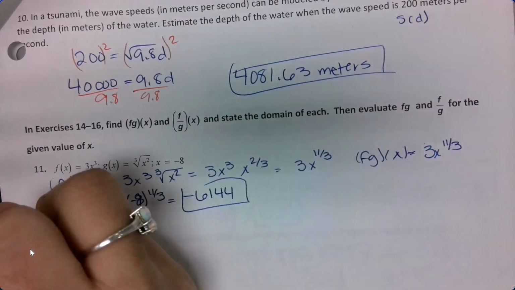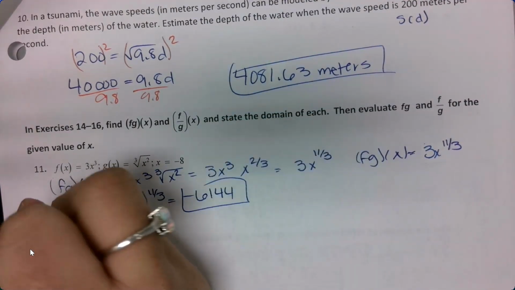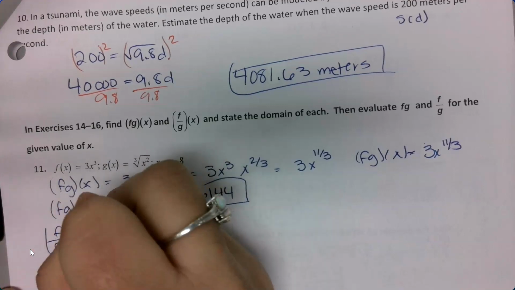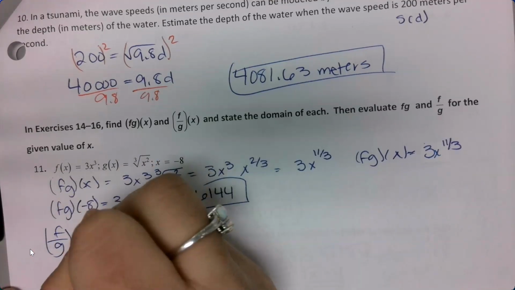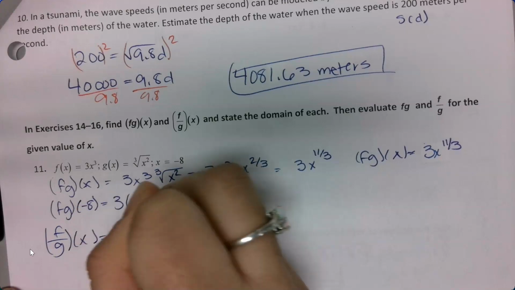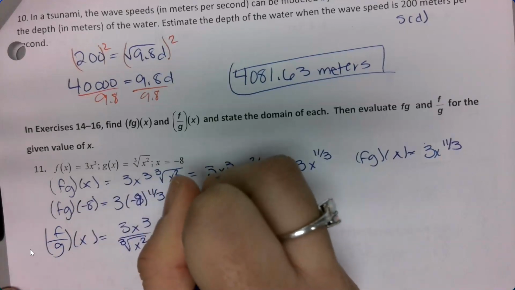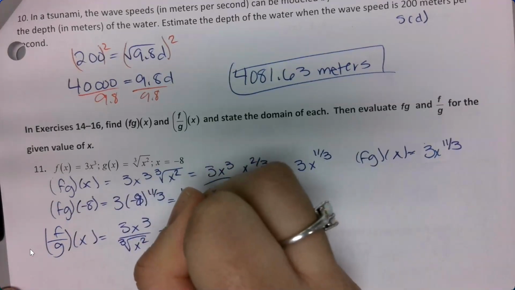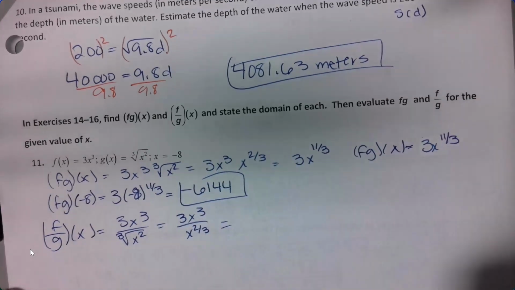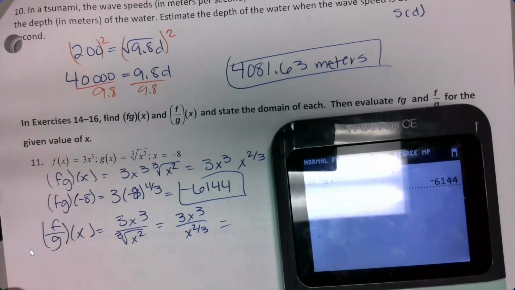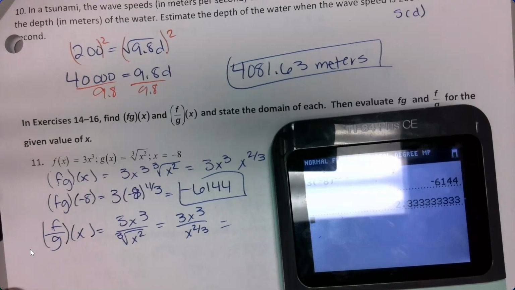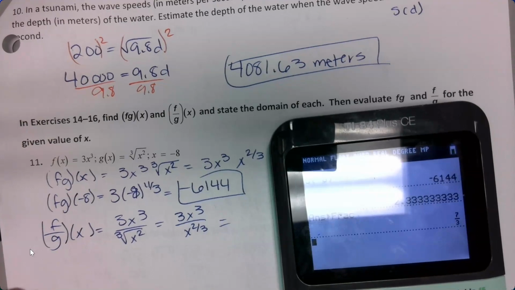Then I want to divide the two functions, so I have f divided by g of x. I have 3x cubed divided by the cube root of x squared, which I can rewrite as 3x cubed divided by x to the 2/3. This one I want to subtract my exponents, so 3 minus 2/3 gets me 7/3 from my exponent.